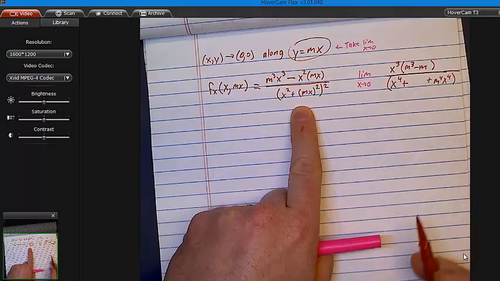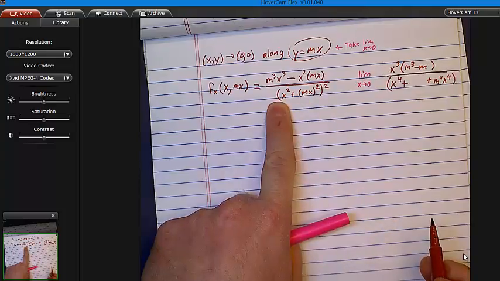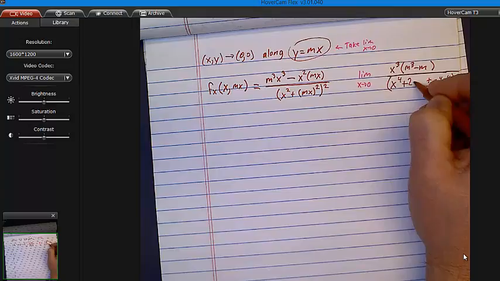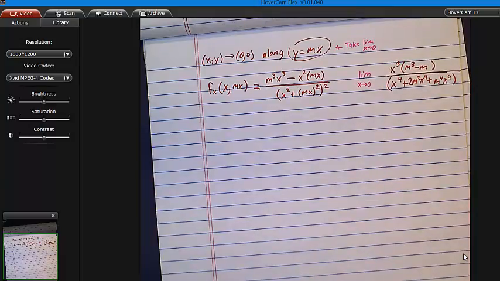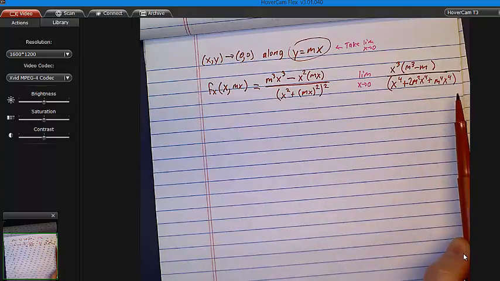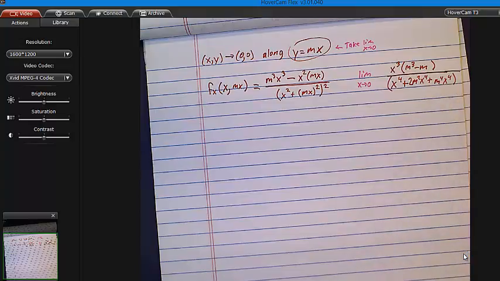And now what about that middle term? You get m squared x squared times x squared, and you get 2 of those, so it's 2 m squared x to the 4th. How's that look? When I square a binomial, I get a trinomial. You guys with me on that? I'm just trying not to bog us down too long here.